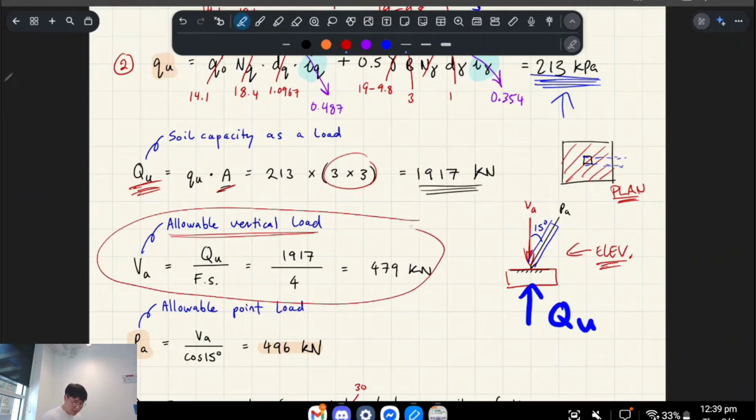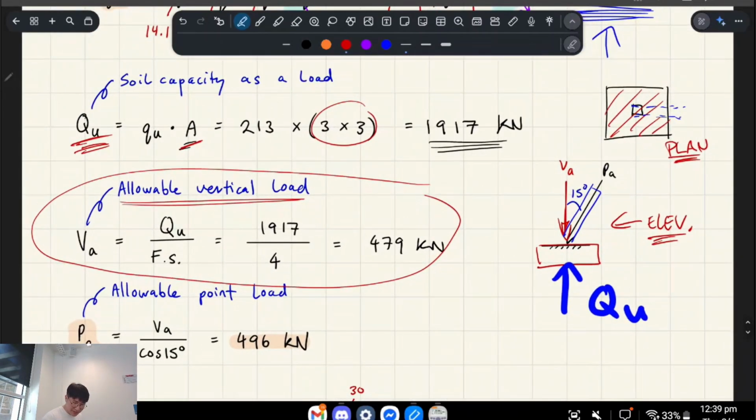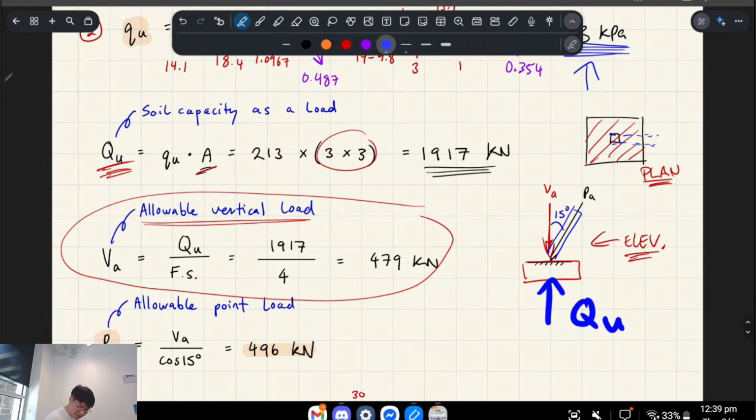And in terms of an allowable load, we're dividing it by the factor of safety. So basically we're equating this to this, where that is QU over 4, and that is QU over 4. What we're trying to work out is PA. So what is the allowable load if it was inclined?